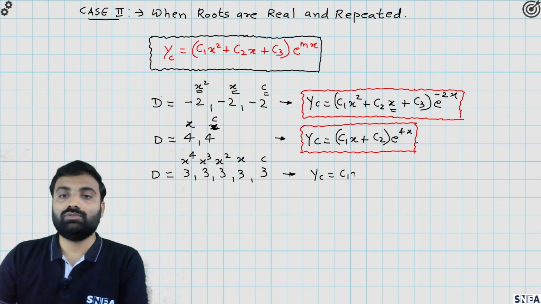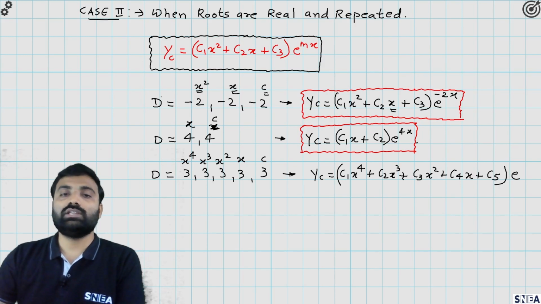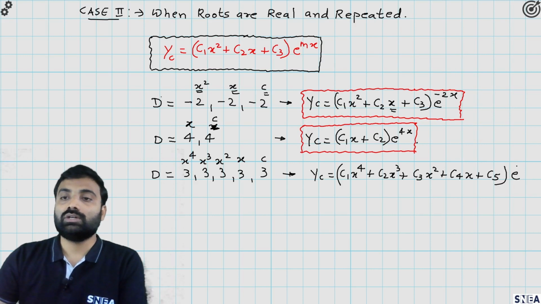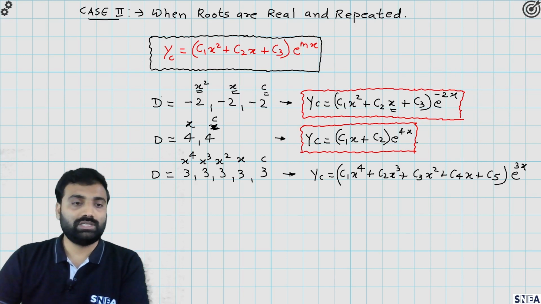You will write down C1 x raised to 4 है, देखो 4 के बाद क्यूब है, सो C2 x क्यूब लिखो, C3 x स्क्वायर लिखो, C4 x लिखो, C5 दैट्स इट। लास्ट का टर्म में सिर्फ कांस्टेंट आना चाहिए। e raised to हर एक का आंसर 3 है, सो राइट डाउन 3x। Write down students 3x.